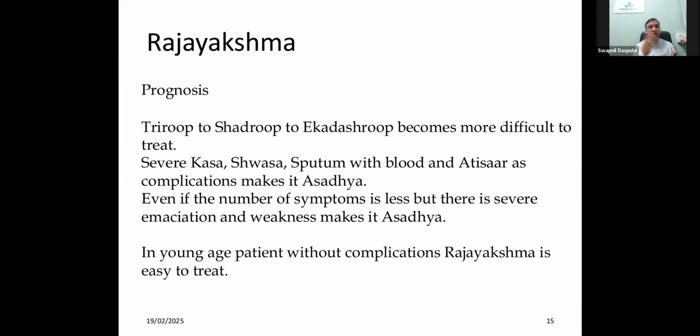So one of the patients which we saw recently used to complain of constipation.